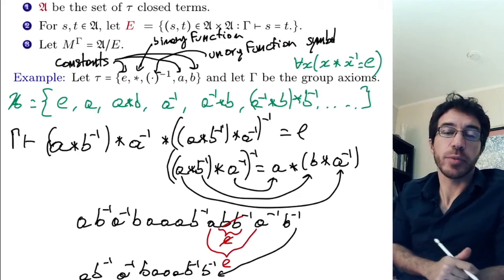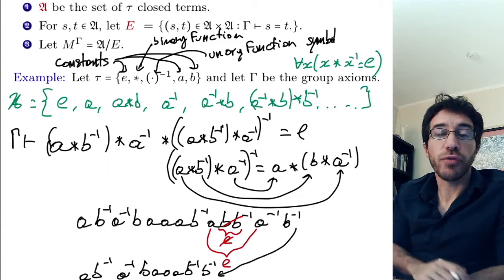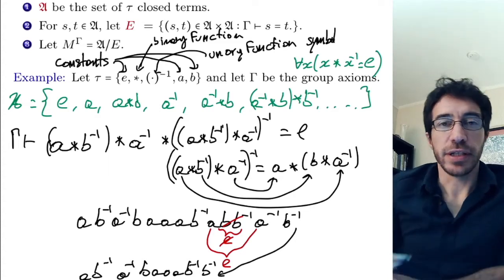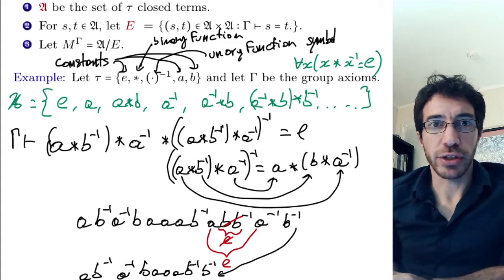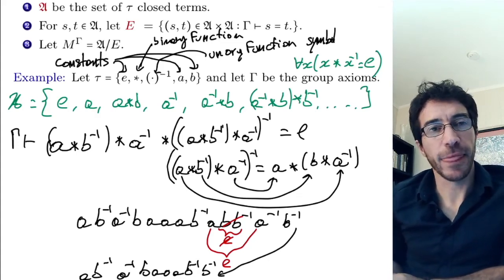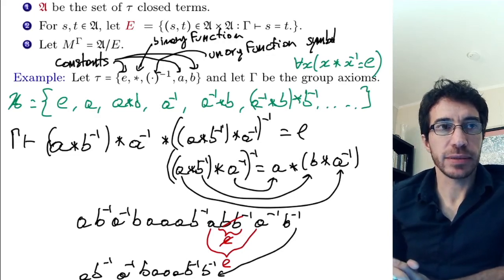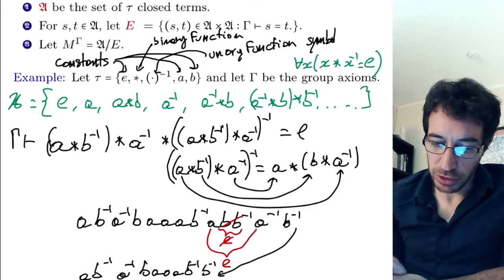And what we get is a group. In this case, we get a group of words, a group of strings of symbols that is called the free group with two generators, A and B. So that's what you get when you take the set of terms and quotient by this equivalence relation.